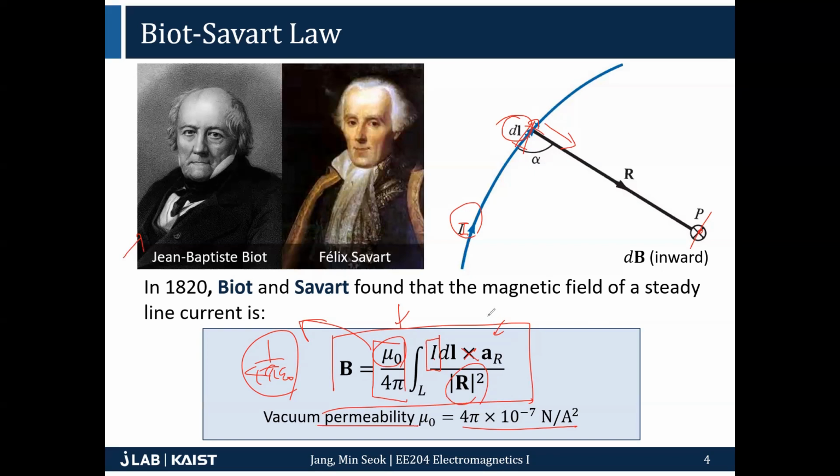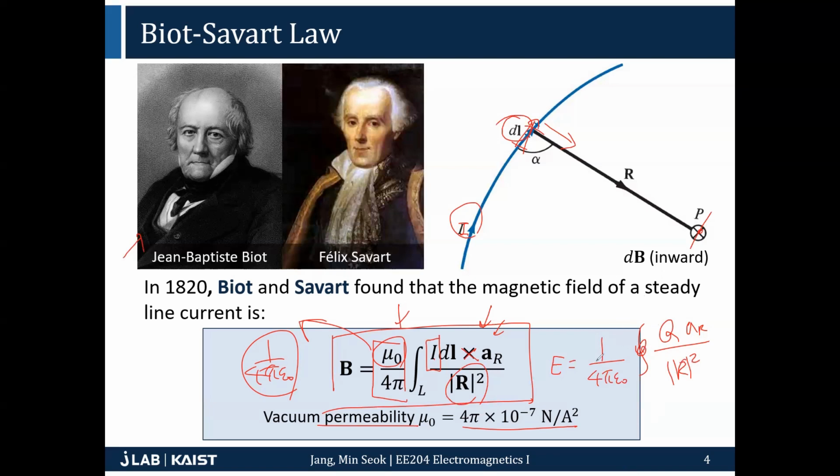So if you look at the equation, it's pretty similar to Coulomb's law. If you recall, Coulomb's law looks like this: 1 over 4 pi epsilon naught, and then Q divided by R squared, right? And then a_R. So it's very similar to Coulomb's law.